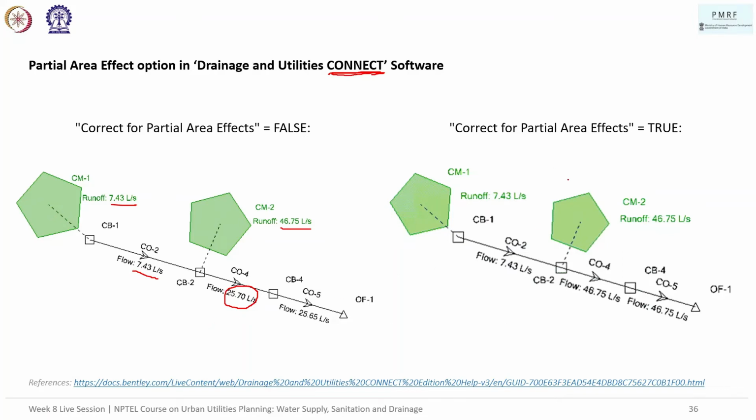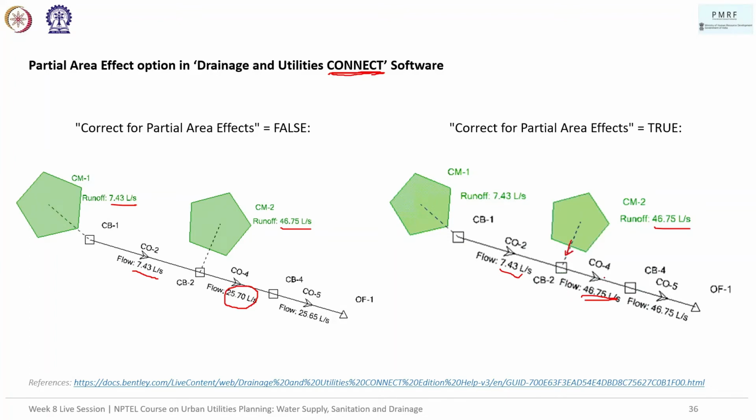However, if you account for partial area effects, as we said, the flow in this is very low, and then there is a huge runoff coming in, which means the flow in the channel that needs to be taken into account is actually much higher. If you have the same cross section, it's going to be close to the runoff coming in from this catchment, and that's known as the partial area effect, right?